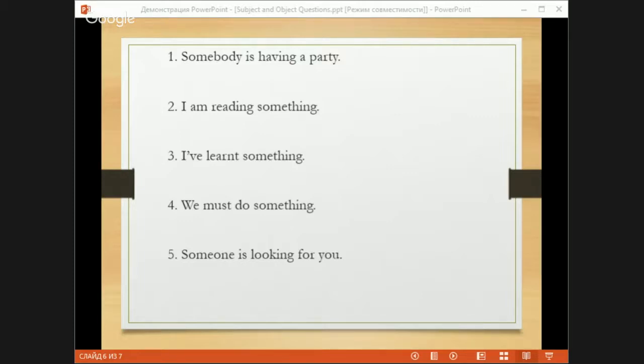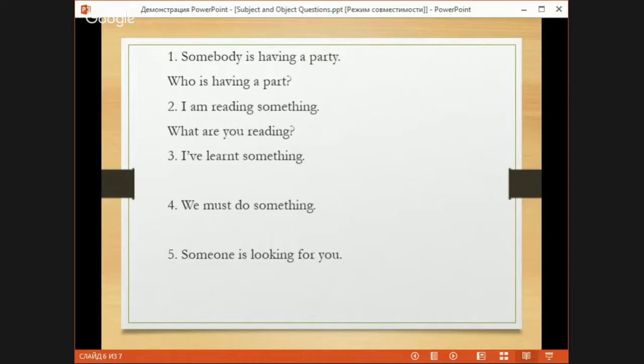I hope you are ready. Let's look at our answers. Somebody is having a party. Somebody is the subject. So, who is having a party? I'm reading something. Something is the object of the question. So we ask, what are you reading?